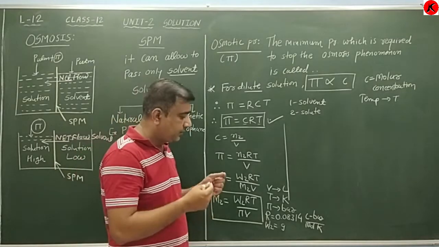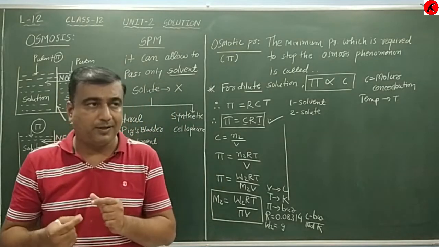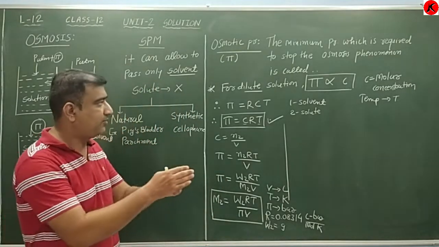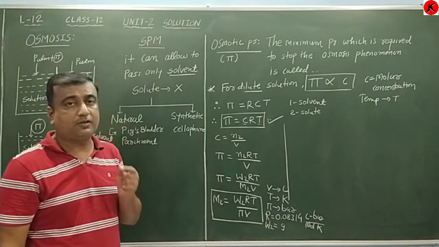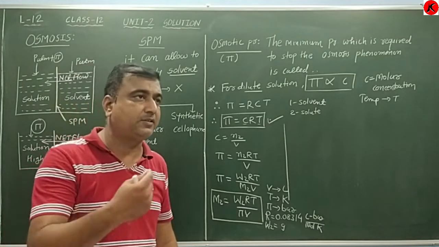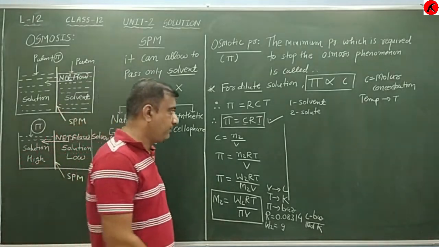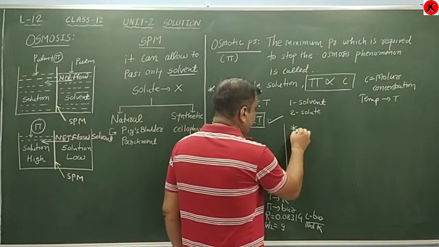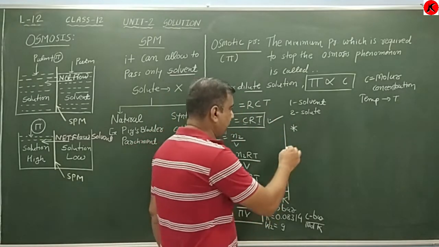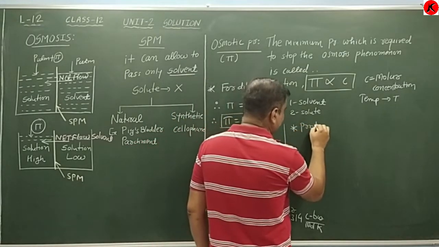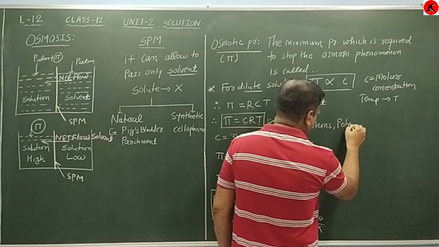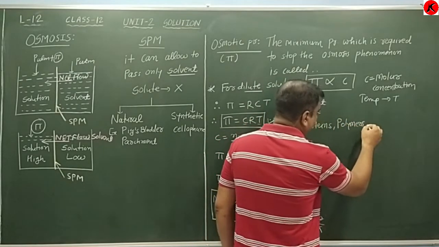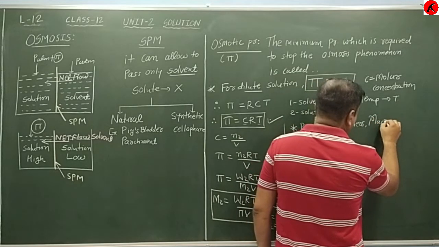Now to calculate the molar mass of solute based on different colligative properties, the osmotic method has the advantage to calculate the molar mass of solutes like proteins, polymers and macromolecules.